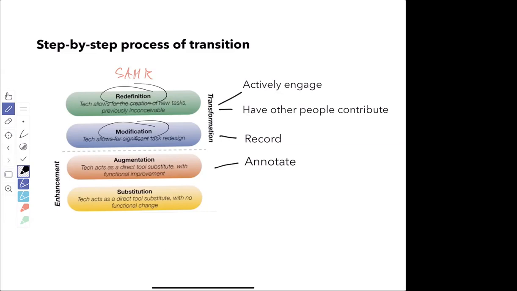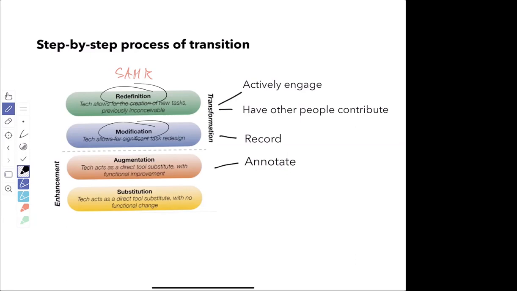And then after we get through that transformation stage about inputting technology, how can the output or the outcomes improve with technology? That would talk more about the second section, which is enhancement. So augmenting these traditional practices.